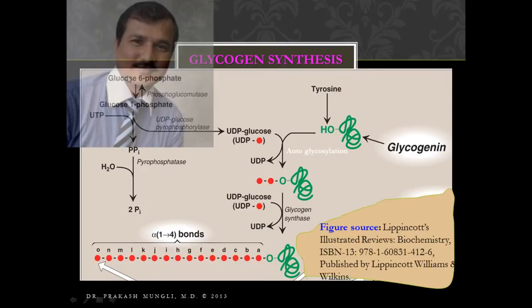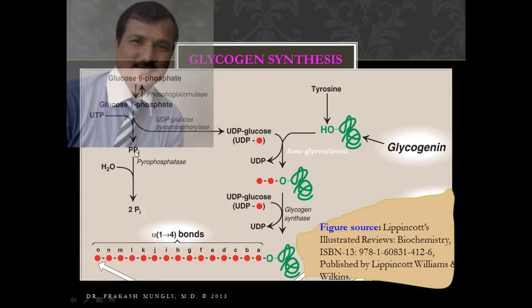So once glucose 6-phosphate is converted to glucose 1-phosphate by phosphoglucomutase, glucose 1-phosphate is converted to UDP glucose, and this job is done by the UDP glucose pyrophosphorylase enzyme. In this process, UTP gets into the reaction and is released as inorganic pyrophosphate, and UDP is attached with glucose, and that is the UDP glucose here.